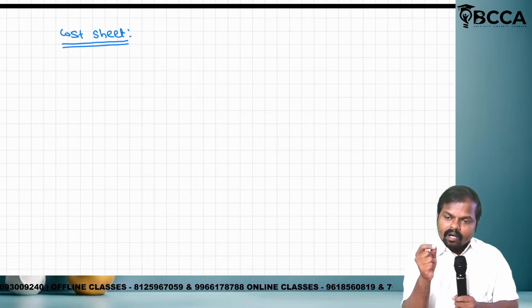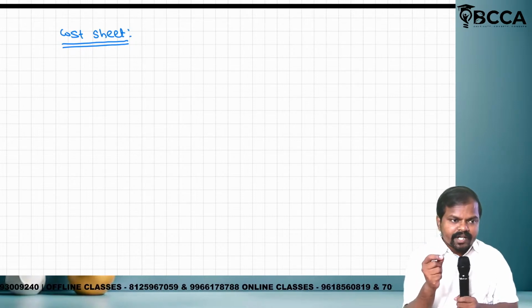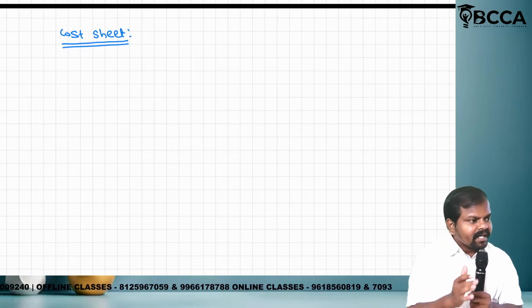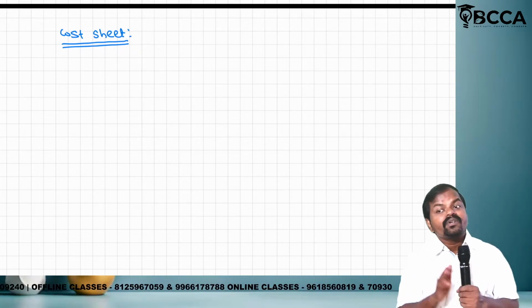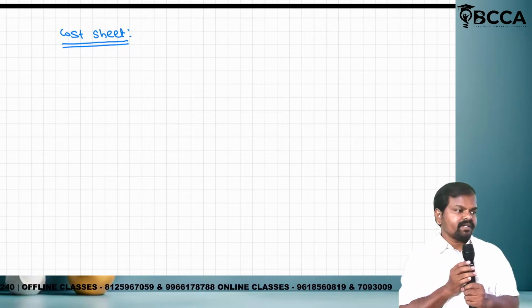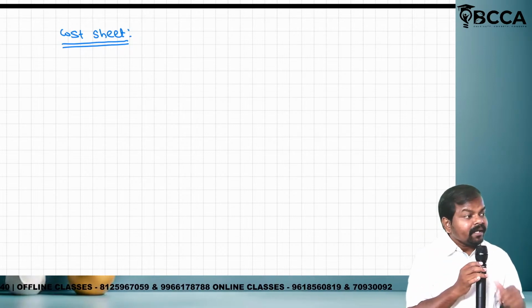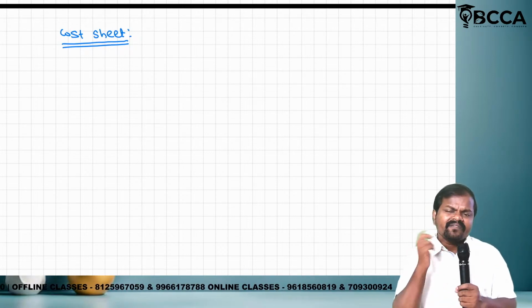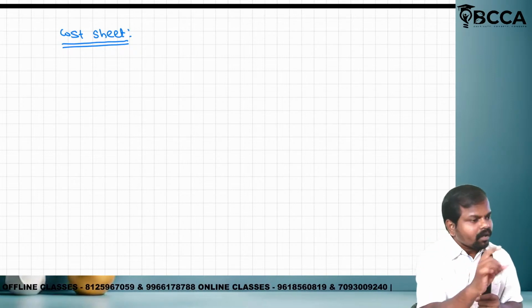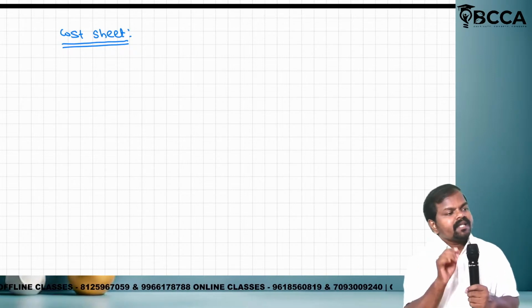Listen. Generally, a cost sheet can be classified into two types: cost sheet and projected cost sheet. What is the difference? If you draw a cost sheet for the current year, it is called a cost sheet.